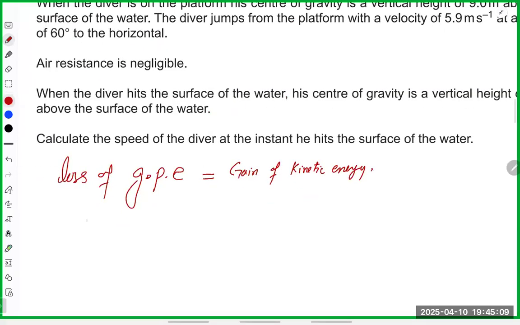So loss of gravitational potential energy is mg delta h, equal to gain of kinetic energy, 1/2 m (v^2 minus u^2). Remember, it is not about the final kinetic energy. It is about the change of kinetic energy. We can clearly see the mass becomes irrelevant.